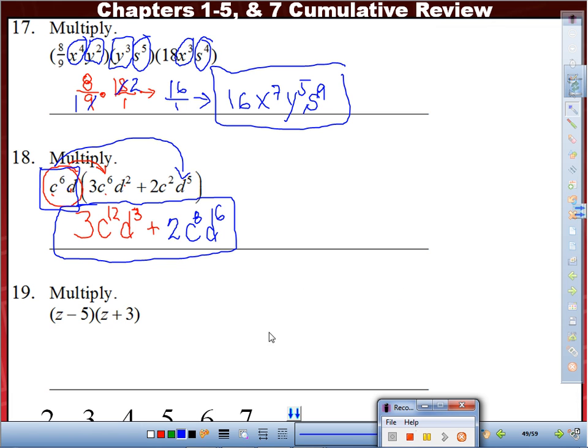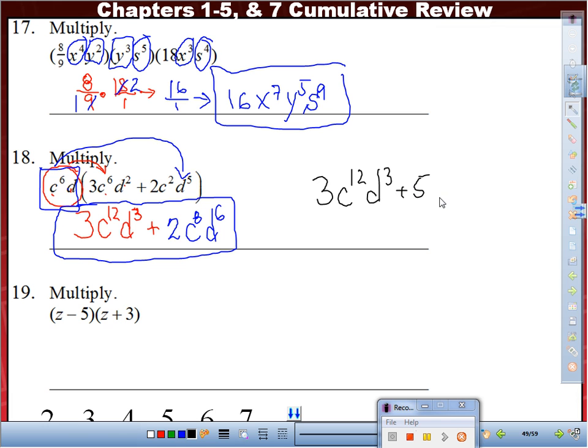Everybody look up, please. The question was, what if we had something like this? 3c to the 12 d cubed plus 5c to the 12 d cubed. Are they the same variables? Are they the same exact exponents? Yes, so here we just focus on the coefficients.